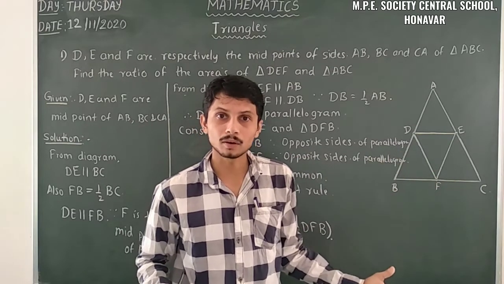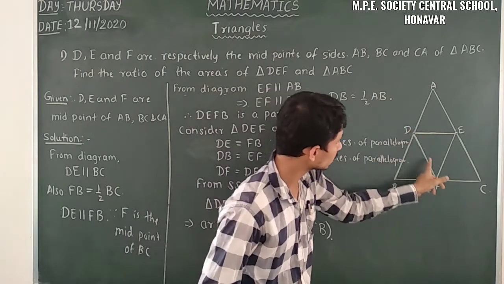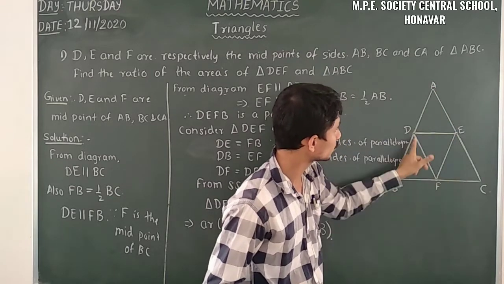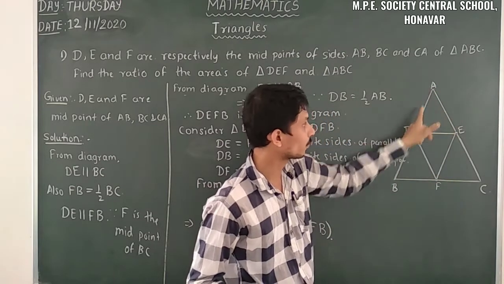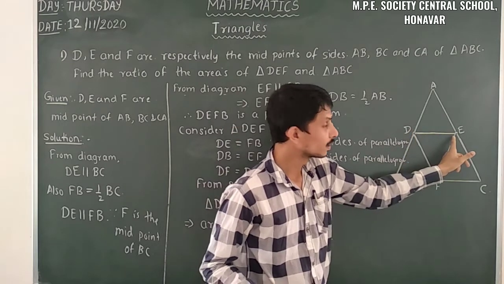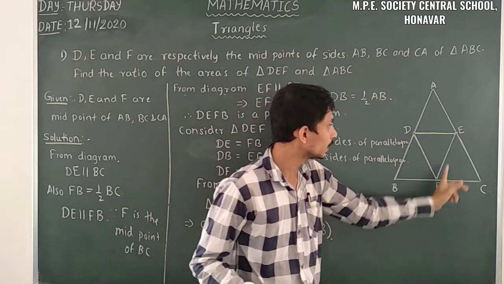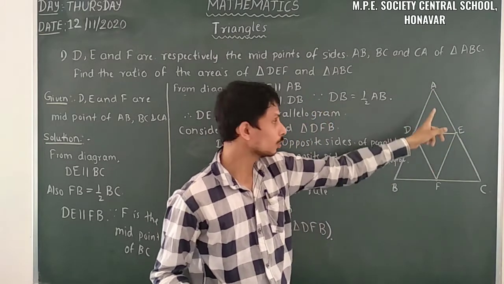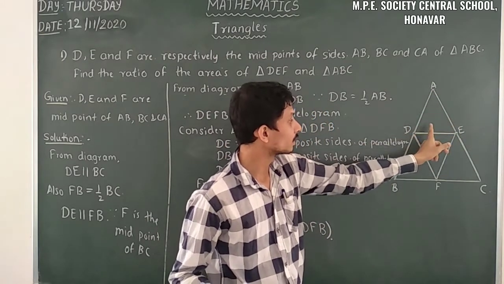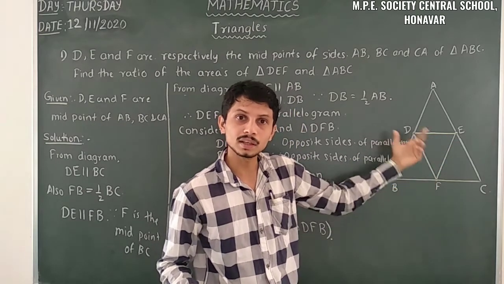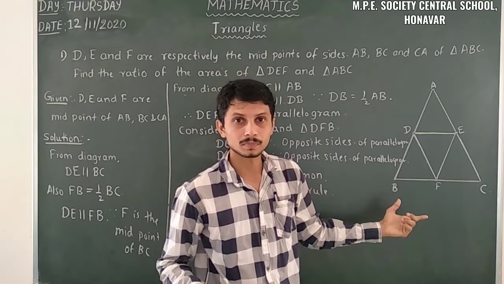Likewise here, this complete figure is also one parallelogram, and DE is one of its diagonals. The triangles ADE and DEF are congruent, and their areas are equal.